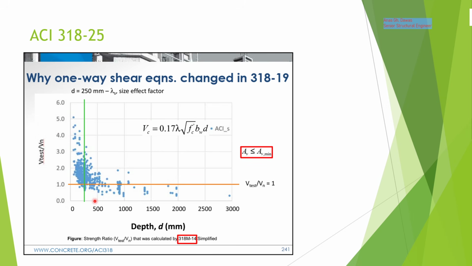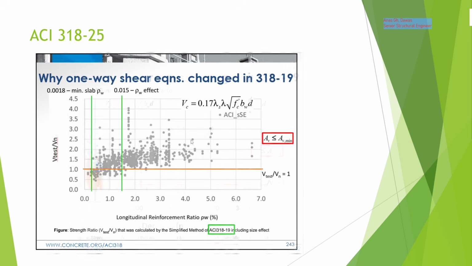As you can see here, as we increase the size more than 250, a lot of samples failed, as we can see below the line of v test to vn equal to 1. But when the ACI added a size factor to this equation, here we have very nice results.